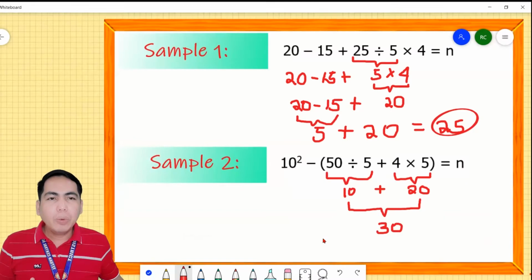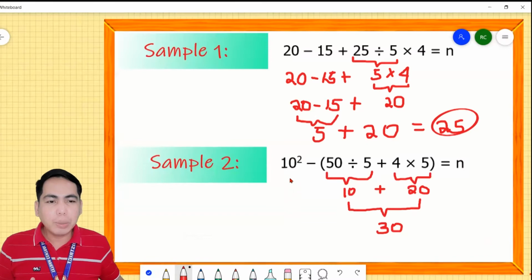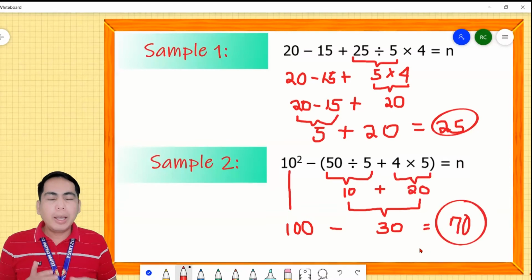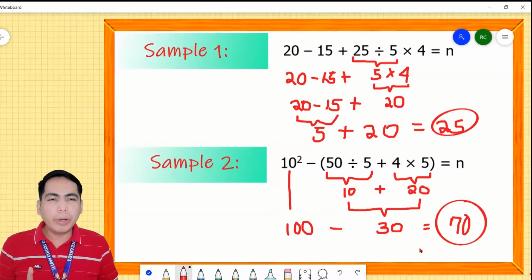After that, we have to do the exponent. 10 raised to the power of 2 is just simply equivalent to 10 times 10. And 10 times 10 will give us 100. And then minus 30 will give us 70. So therefore, the value of n for number 2 is 70.